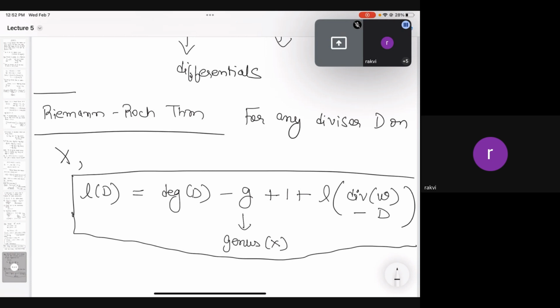For example, the projective plane or projective line is just a sphere. There are no holes in there, so that has genus 0. An elliptic curve is essentially a donut, so it has one handle or one hole. That's genus 1. Genus 2 would be like two donuts glued together side by side, and similarly. So that's one way to think of genus.